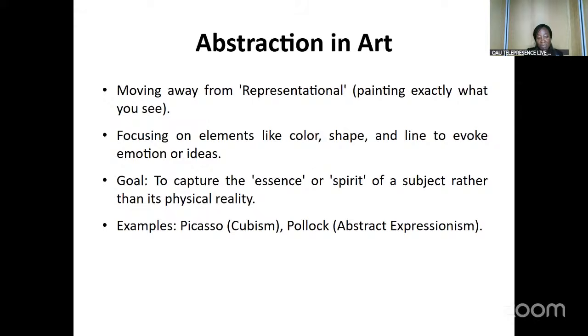And we have some examples of artists that use abstraction to draw pictures of human beings and to express some feelings. Picasso is one of them, and he used abstraction in his work in the olden days. I don't have a picture here to show you, but I've seen one.